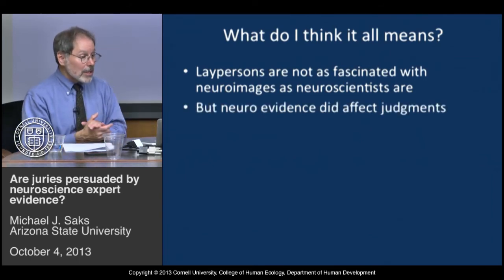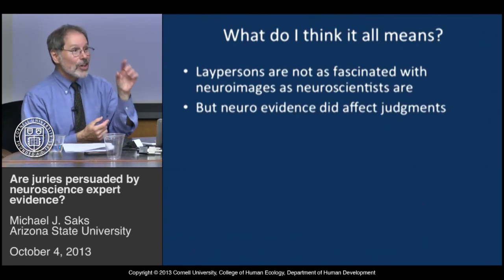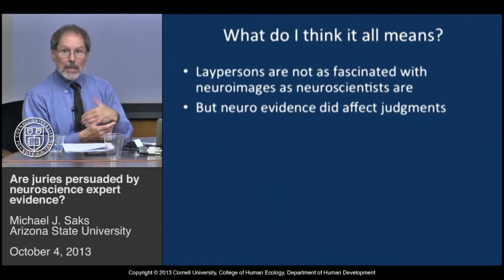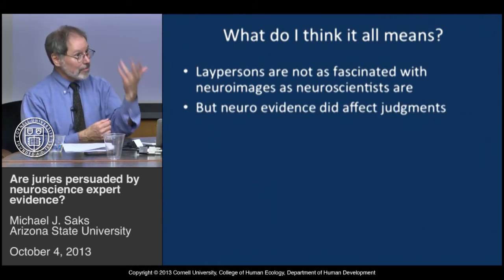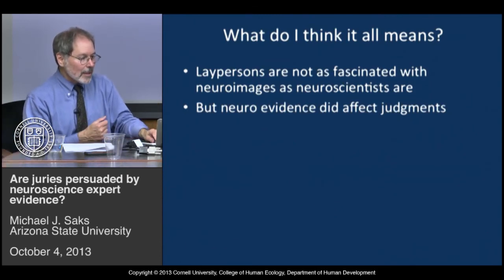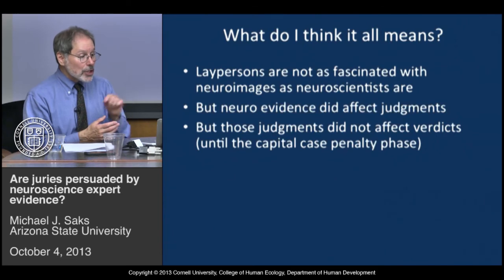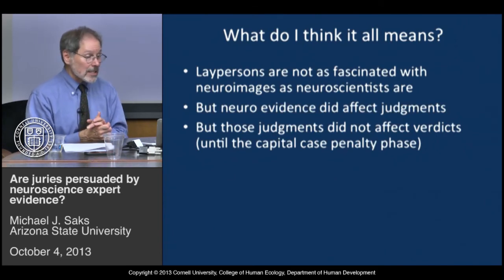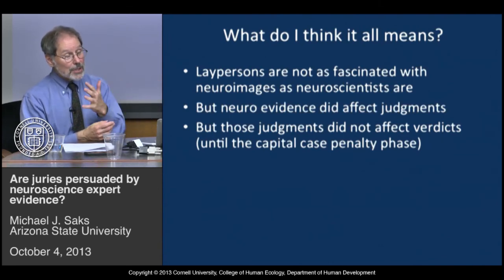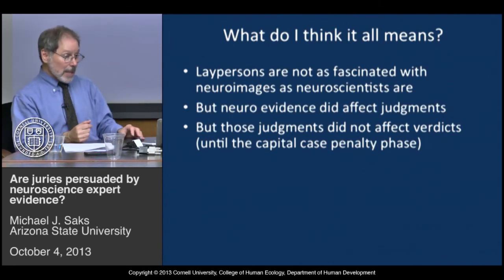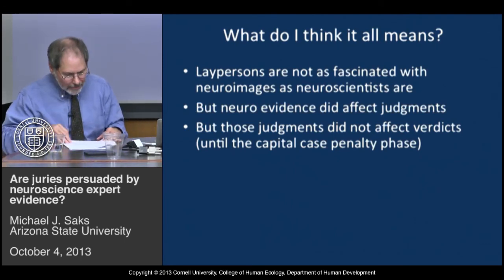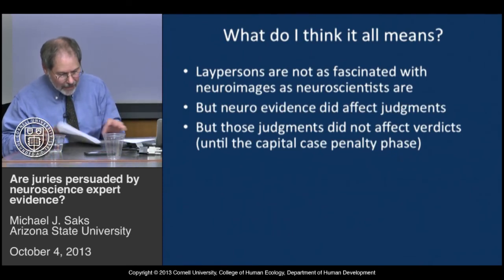However, the neuro evidence did affect people's judgments of sentence, verdict, perception of responsibility. But those judgments did not affect verdicts until the capital case. So only in those final two experiments with the death penalty did it make a difference. Now, I want to tell you why I think some of this stuff.